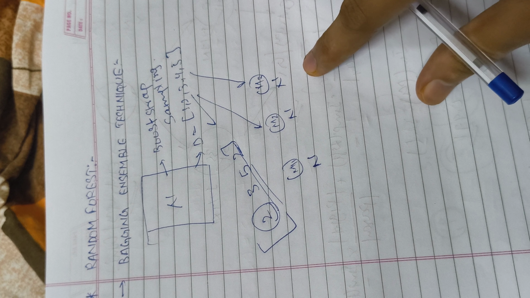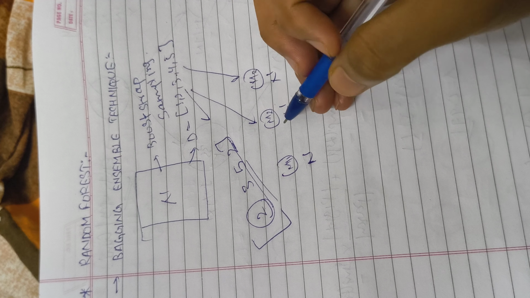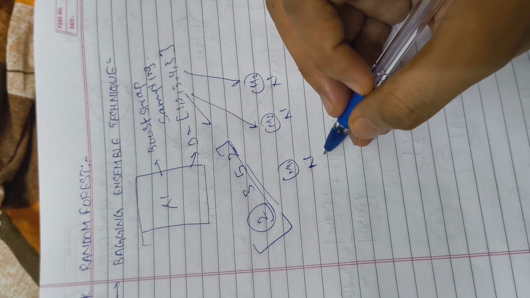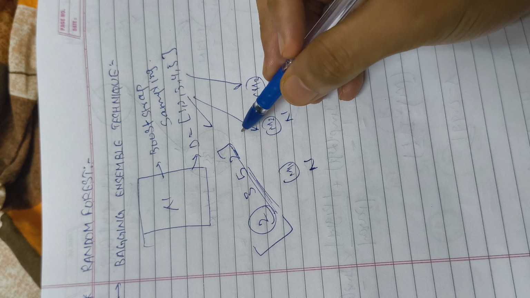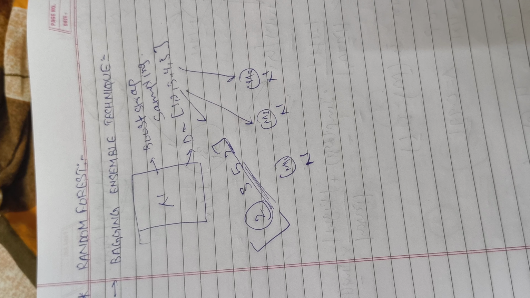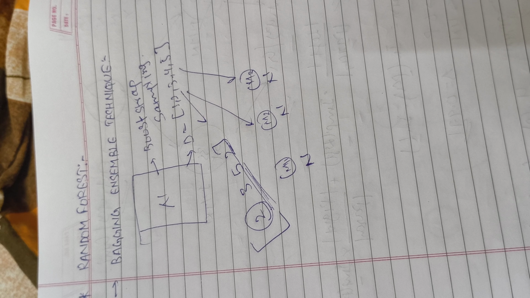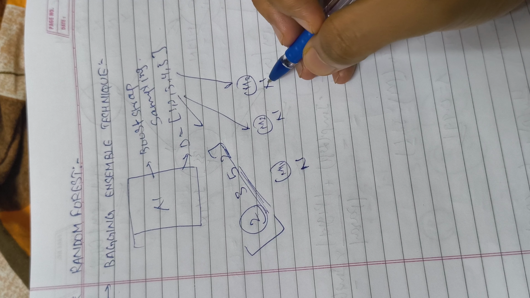When we train our models on these random selections, we get generalized models trained on different data sets, so it generalizes our model, increases accuracy, and they become robust. So you must be clear with this.